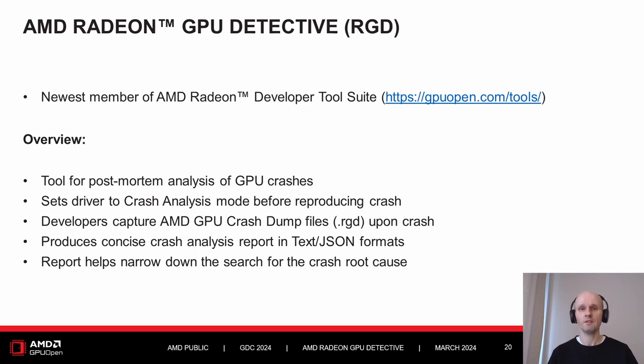After it happens, a crash dump file or RGD file is created. That's a new file format that we defined, and from this we produce a concise crash analysis report in text or JSON format that can help to narrow down the search for the crash root cause.